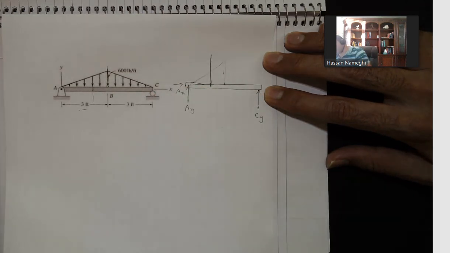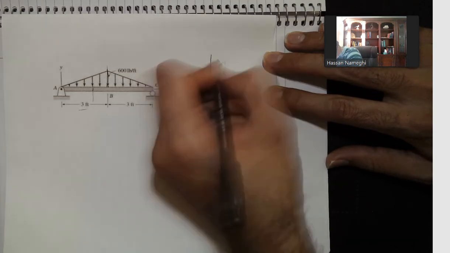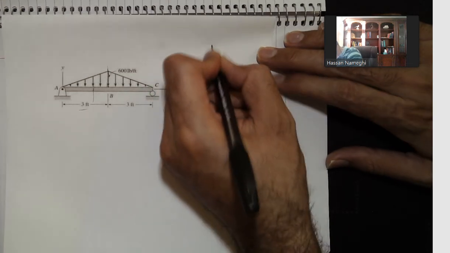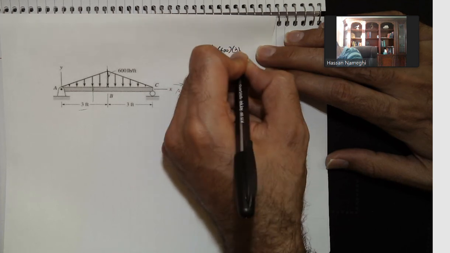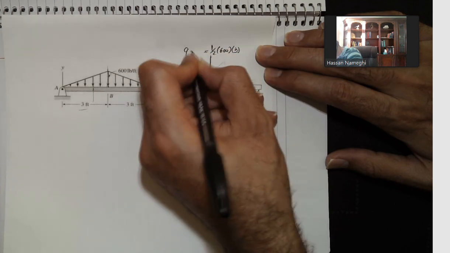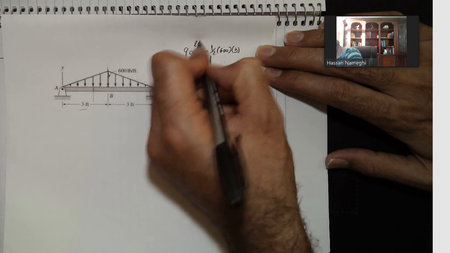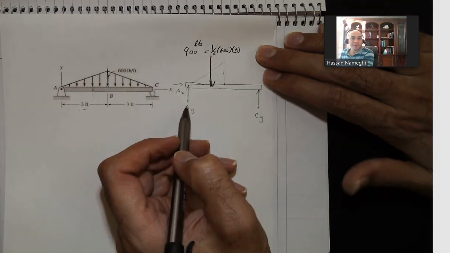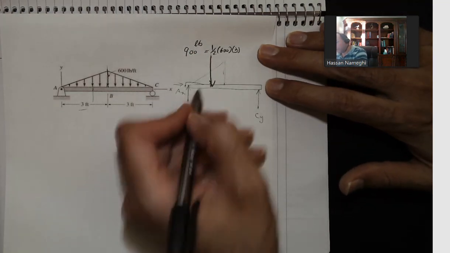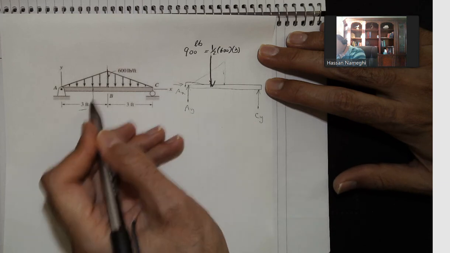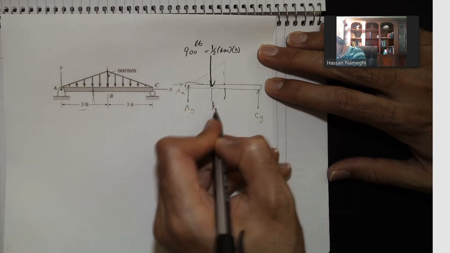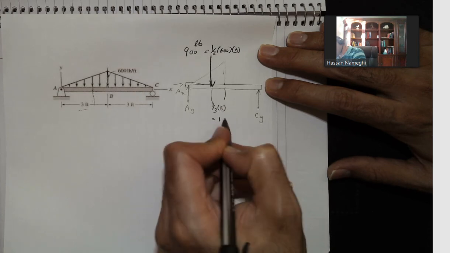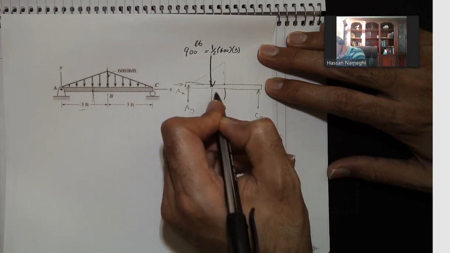The magnitude for this is half of 600 times 3, which is 900 pounds. That was easy. Now where I put it is 1/3 of 3, which is equal to 1 foot down here.